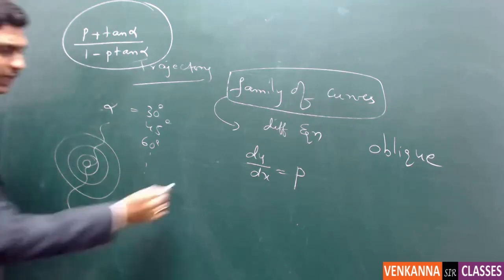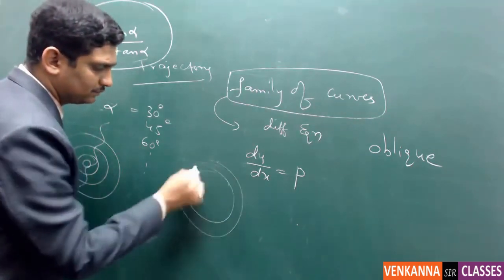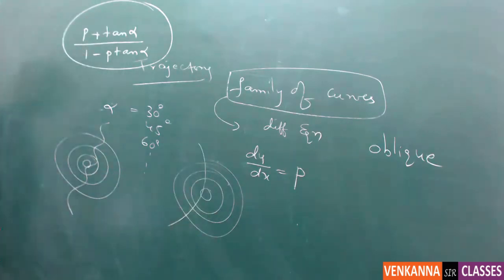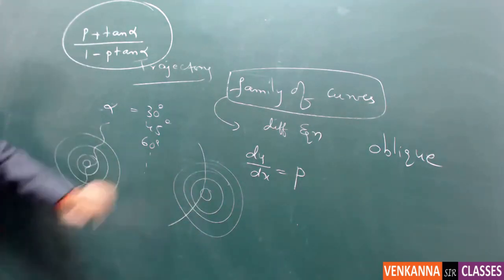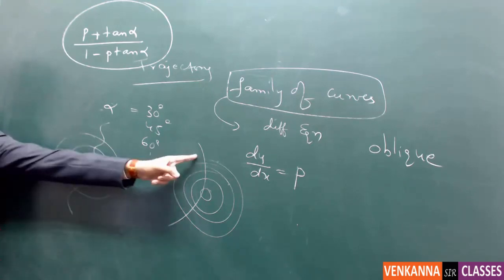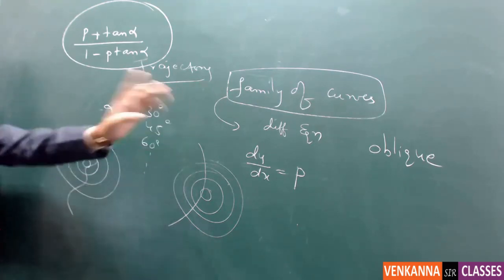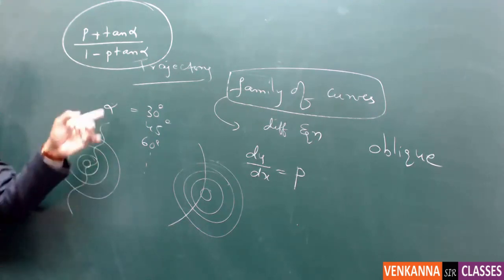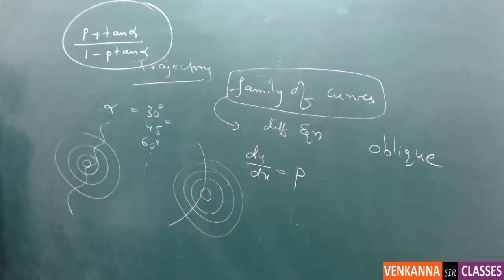If you take the same family again, can you say that this curve is going to cut each member at a constant angle? Do you accept at least? This kind of trajectory, we call an oblique trajectory. Otherwise it is just a trajectory which is not an oblique trajectory. Okay? I think the concept is clear to everyone.